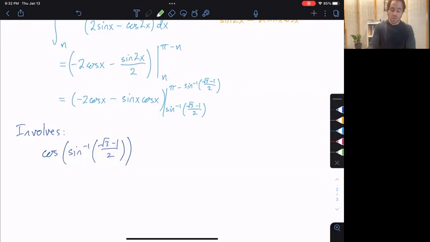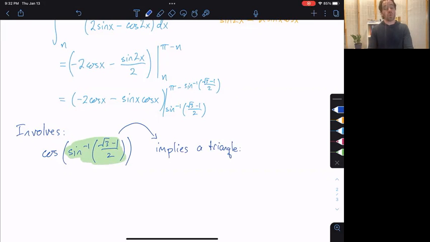So this right here implies a triangle. This is a triangle with an angle whose sine is root 3 minus 1 over 2.